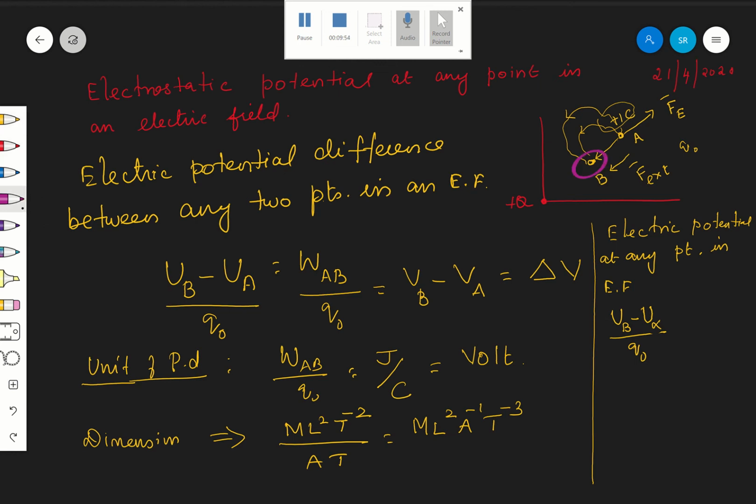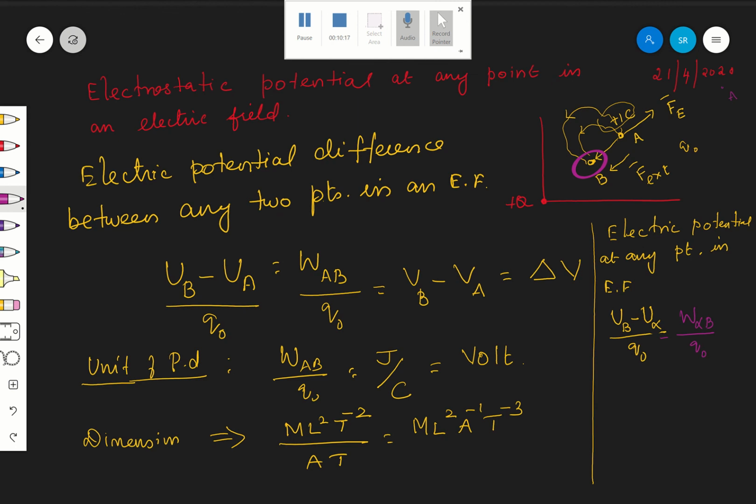Now at B, what should I do? I have to keep A somewhere here, outside the electric field, that is infinity. Therefore that is nothing but W from A to B, infinity to B, by Q naught.